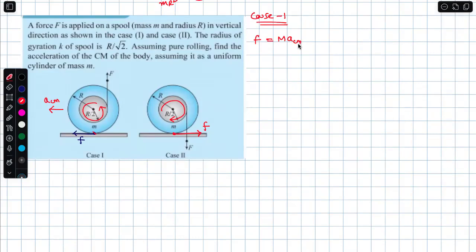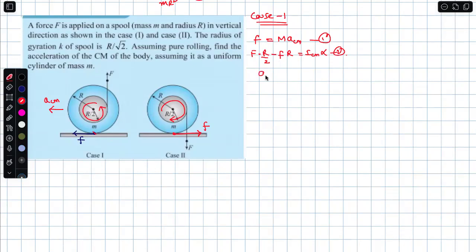Are we clear? Next, torque equation about the center. F into R minus F into R by 2 minus F into R is equal to I_CM alpha. That is equation 1, equation 2.